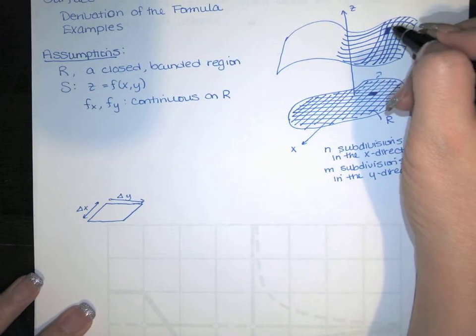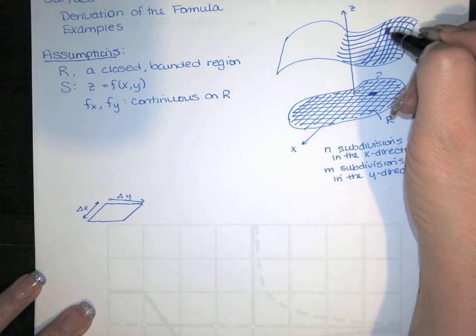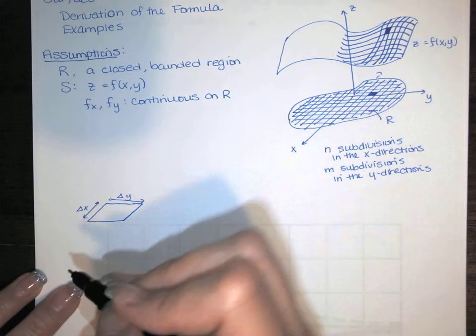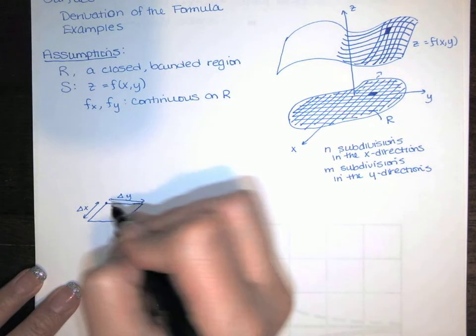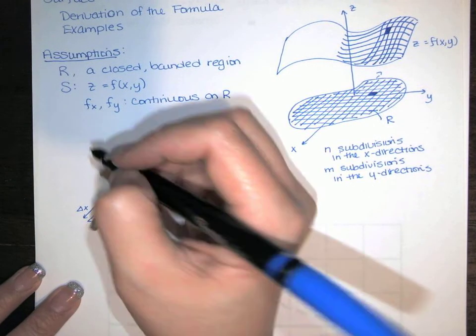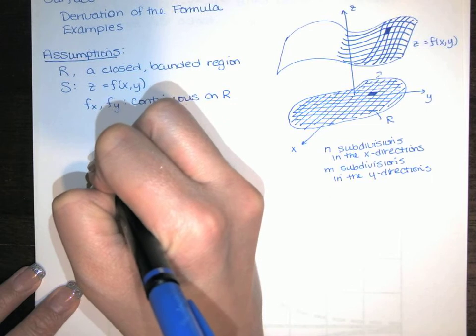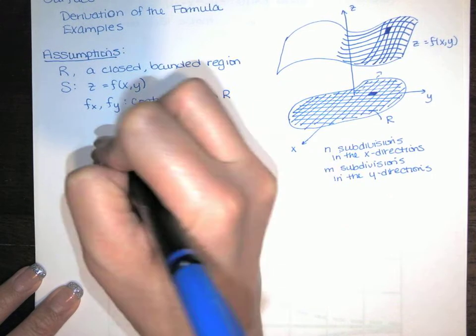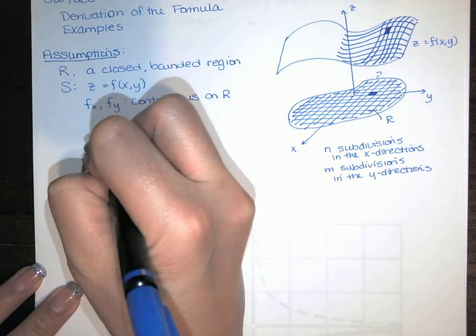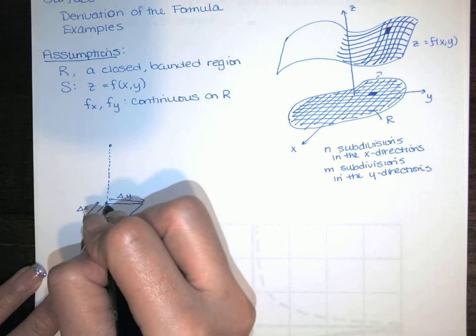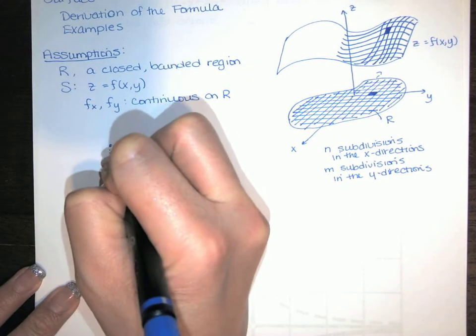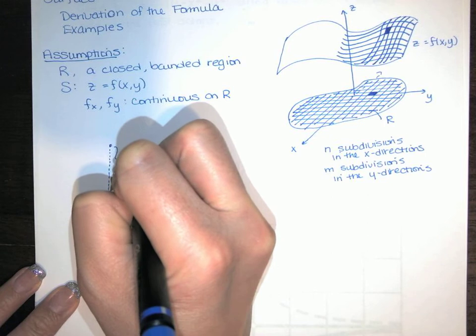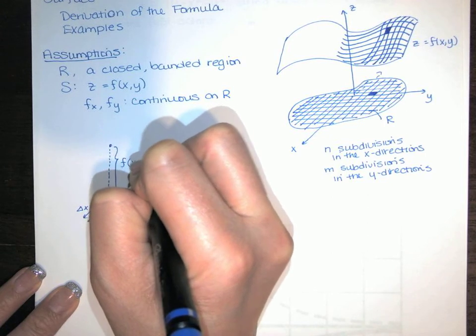Now to create our little parallelogram up here, approximating that area of the surface, we're going to evaluate the function at this back corner, that corner that's closest to the origin. So we'll come up here, and we'll evaluate that at this corner, which we'll call x sub i, y sub j. So this will be f of x sub i, y sub j.